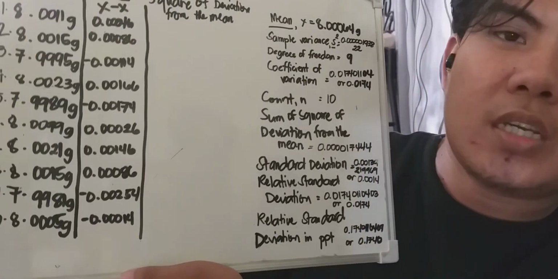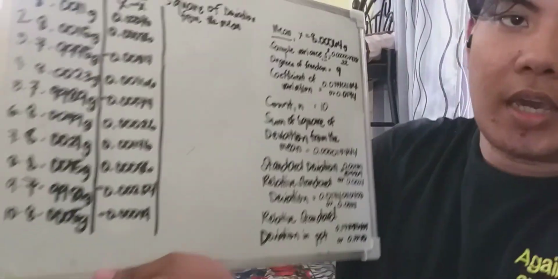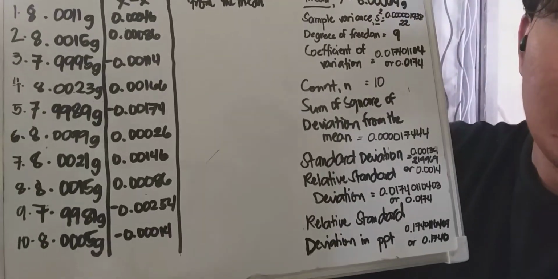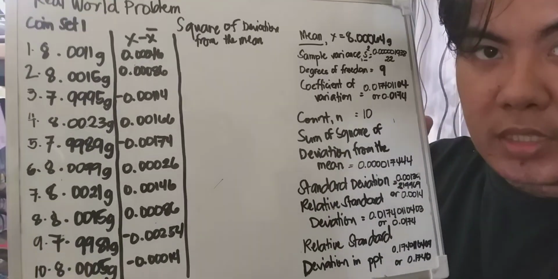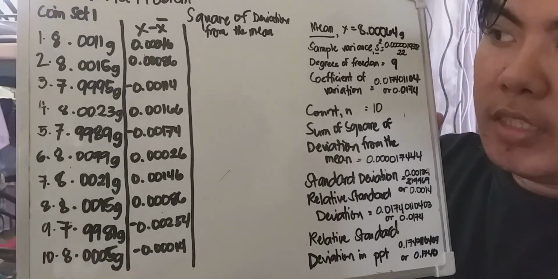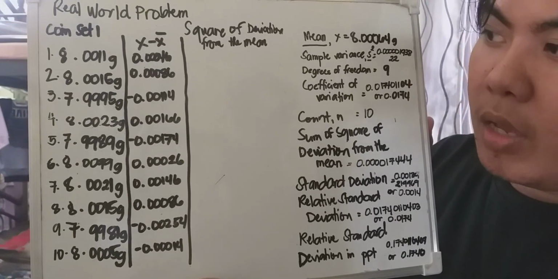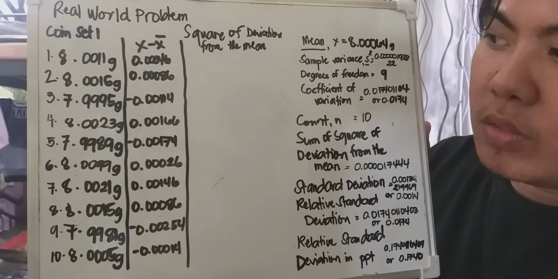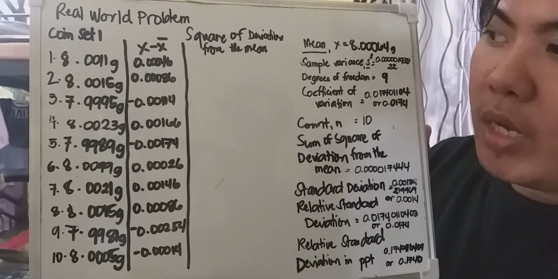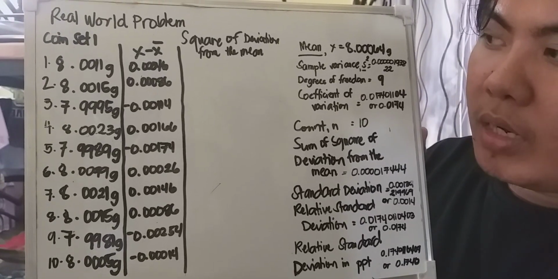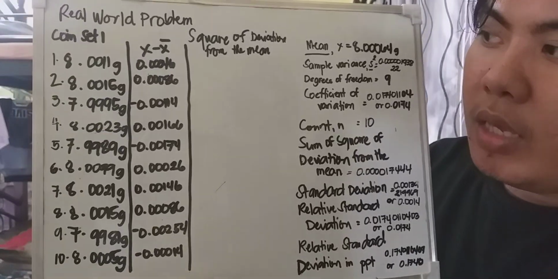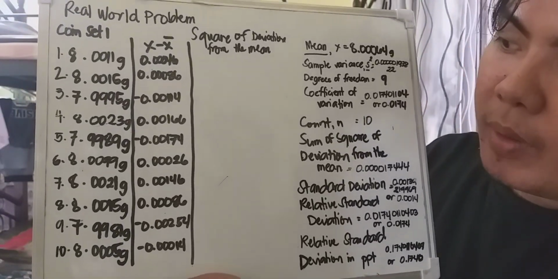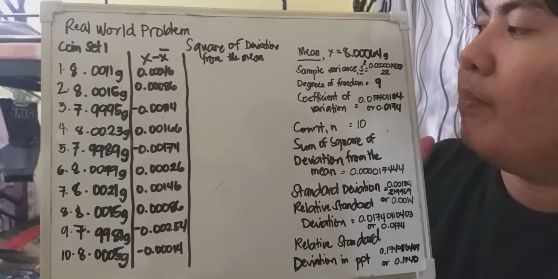You can't see it clearly because our board is too big, but as you can see there. The same goes for number 4 up to 10. We'll also be getting negative values here, negative 0.00114 in number 3, number 5, number 9, and number 10.